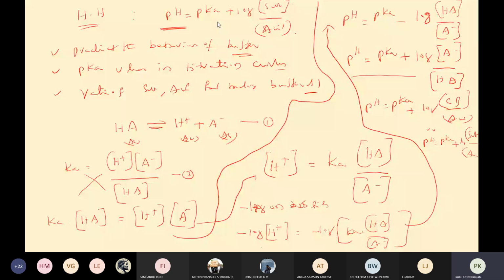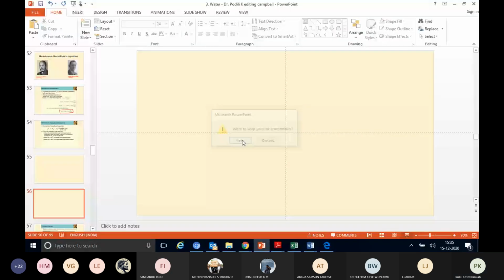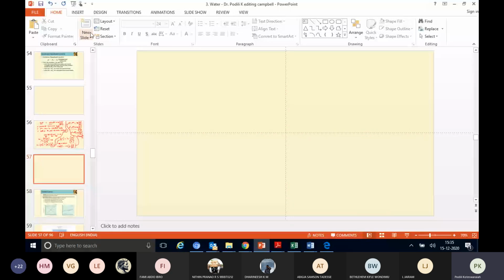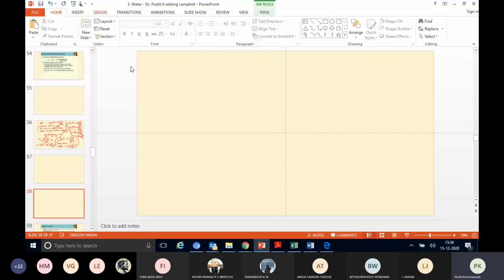Let me give a good numerical for this equation.